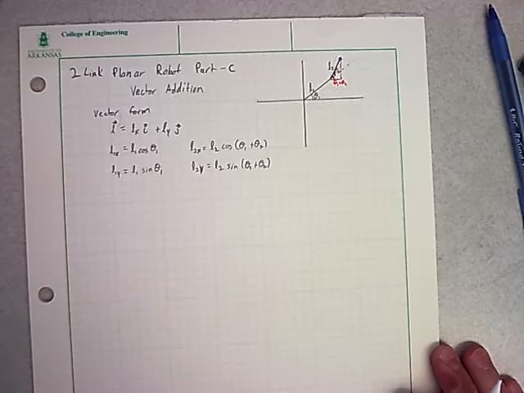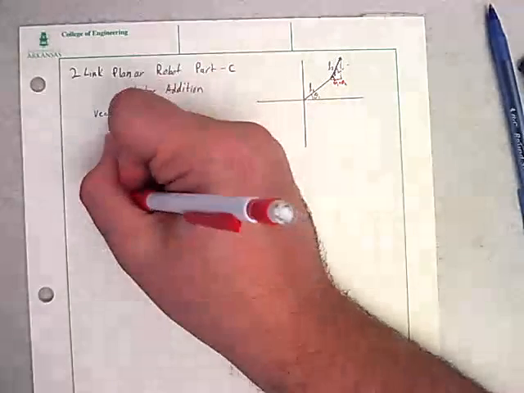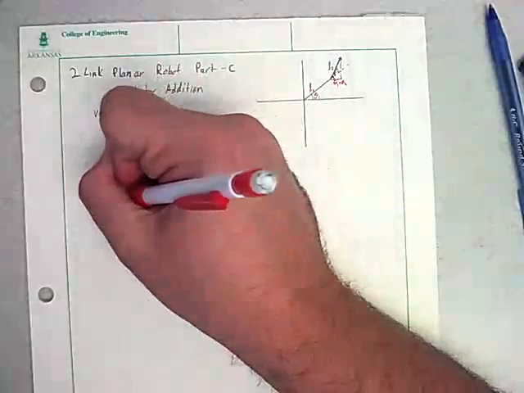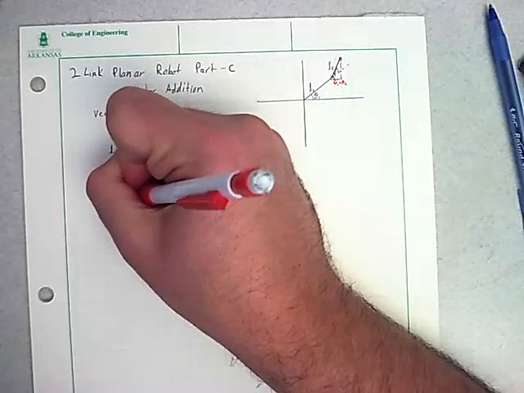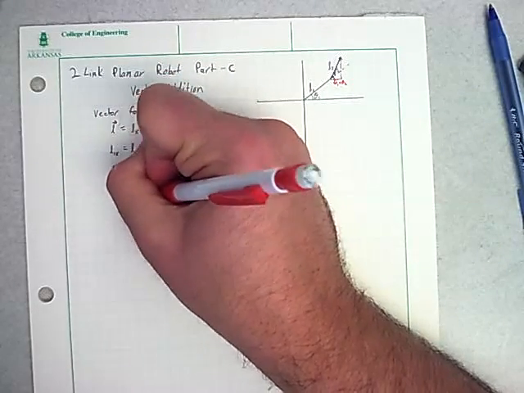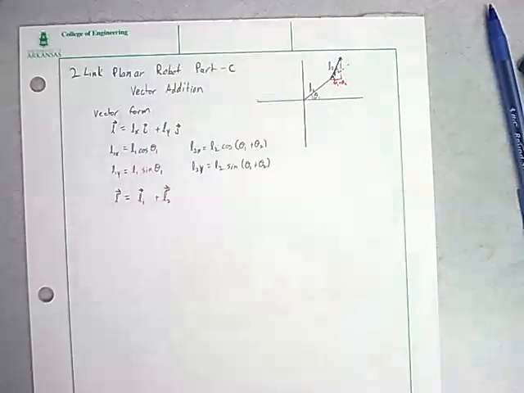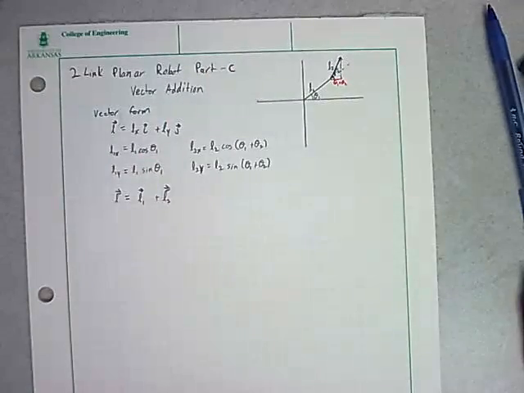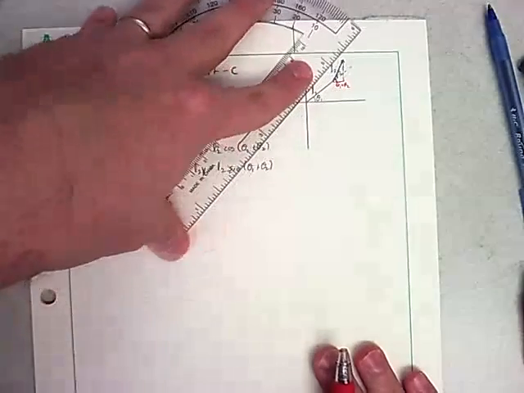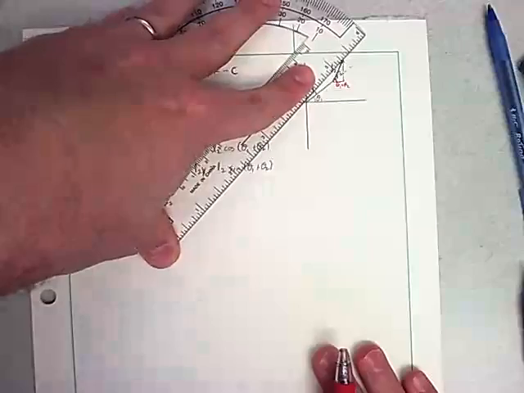So we want to write these as vector addition. Then what we're really saying is that L is equal to L1 plus L2. This big vector L, I should get a third color to quit confusing this.